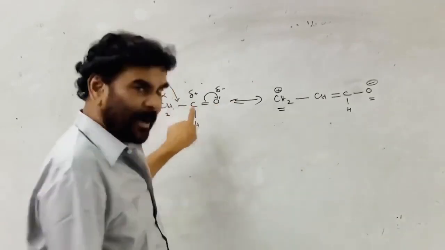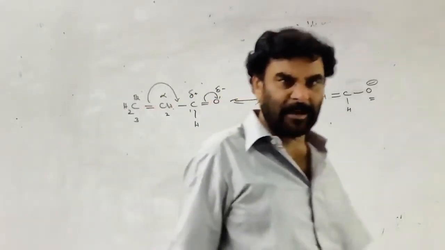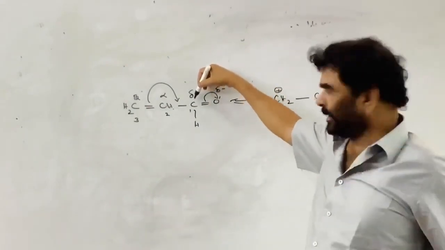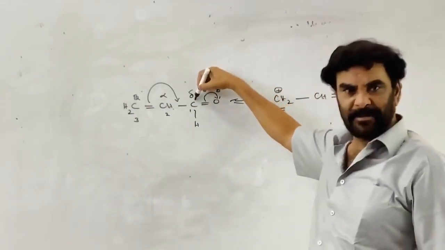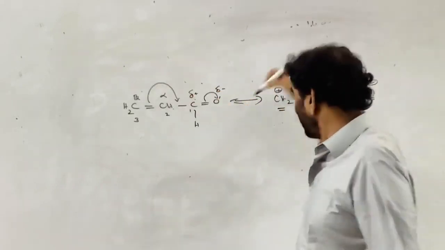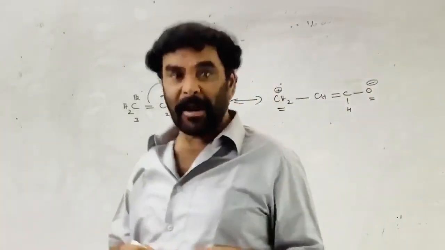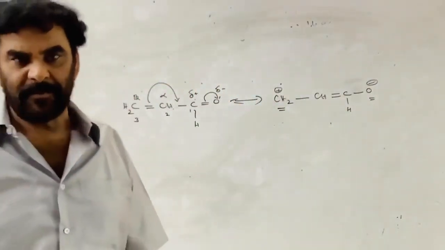And the carbon is positively charged, so the nucleophile has to go to the electrophilic center, that is the electron seeking center. This carbon is the electrophilic center, meaning electron accepting species.